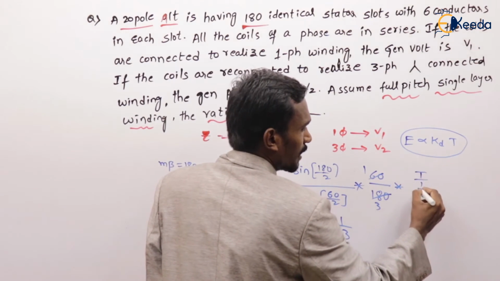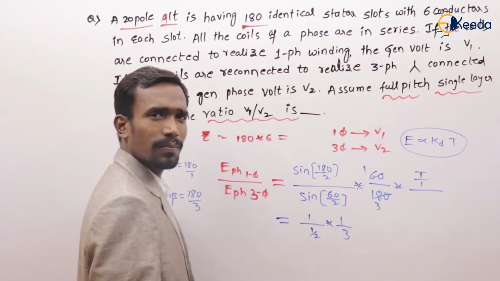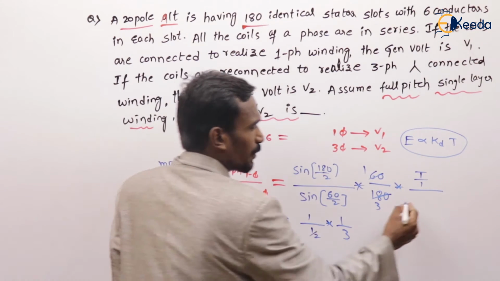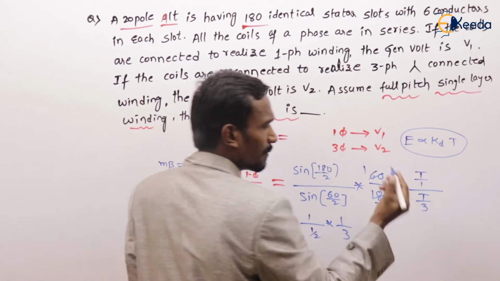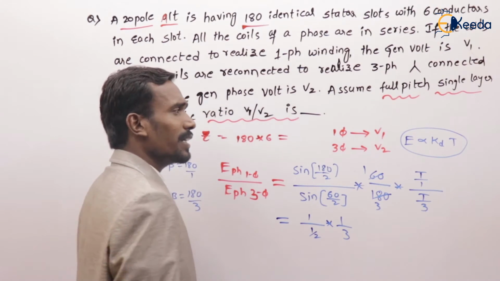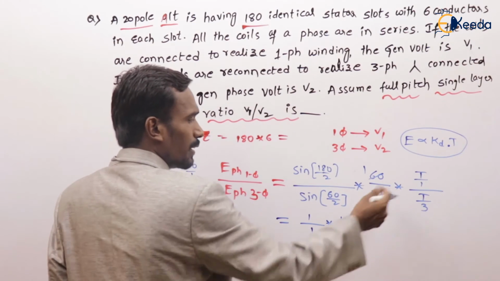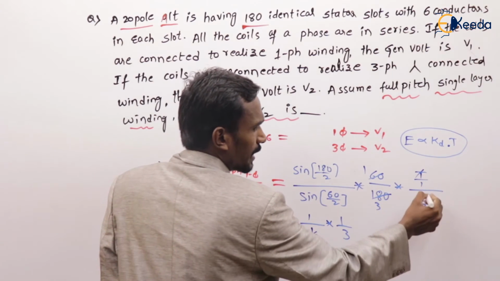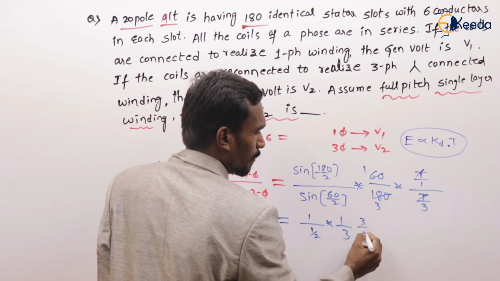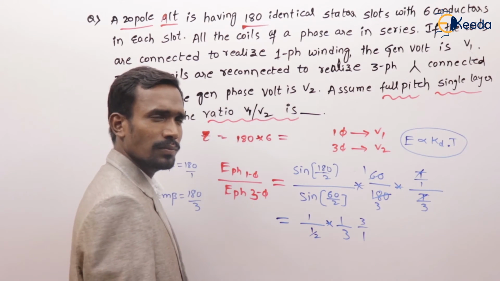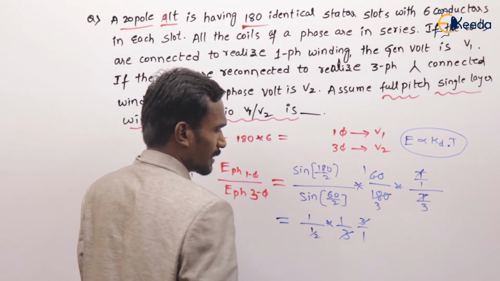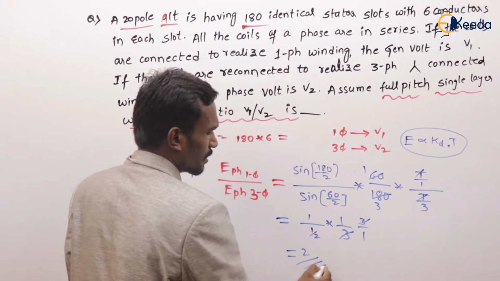For single phase it is T by 1, and for 3 phase it is T by 3. EMF is directly proportional to KD into T. So tell me, what is the answer? This T gets cancelled, it is 3 by 1. The 3 gets cancelled. So our answer is 2.